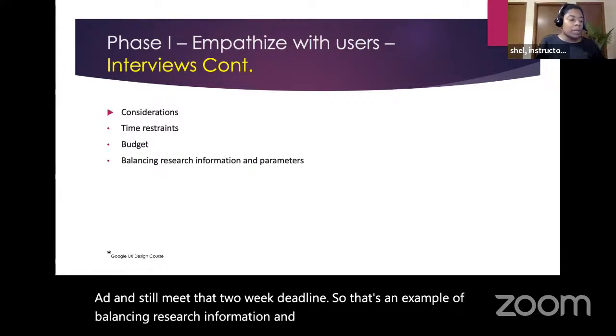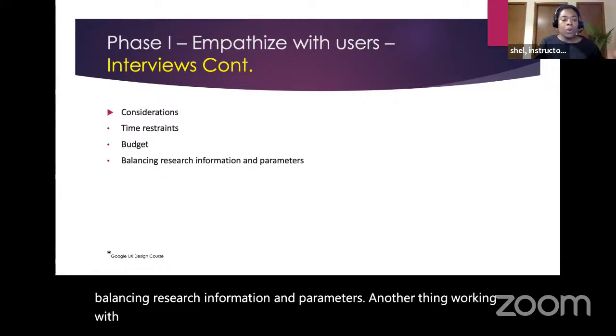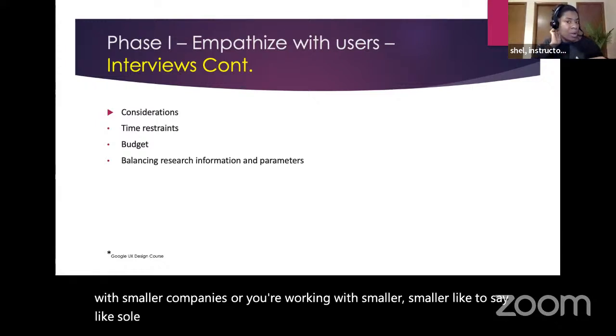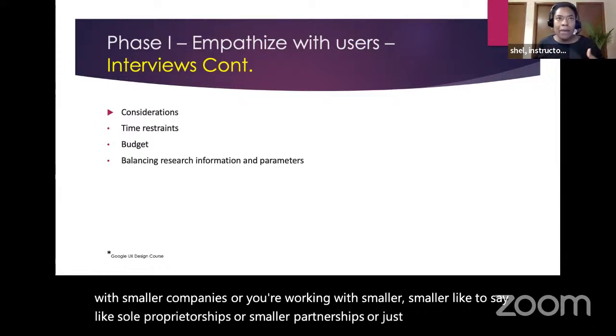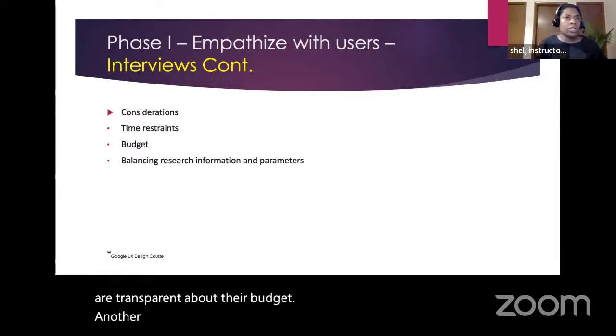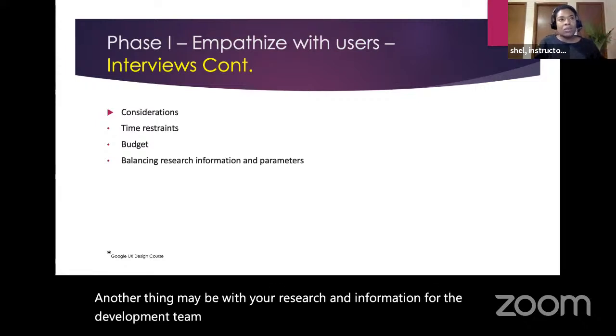Another thing: working with smaller companies, like sole proprietorships or smaller partnerships, or corporations that are transparent about their budget. Another thing may be with your research and information for the development team to implement what the end user wants.